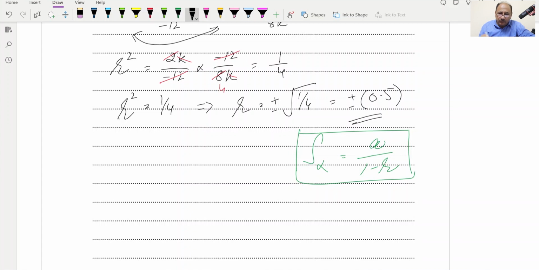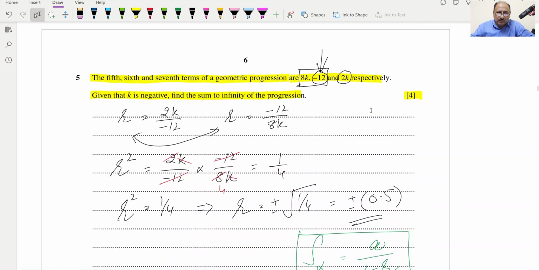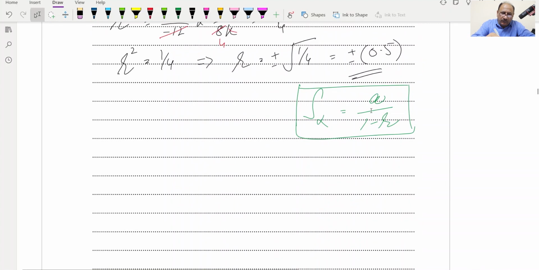Now what we can do is figure it out from the sixth term. They have indicated the sixth term is minus 12. So from the terms we can write first term, second term, third term, fourth term, fifth term and sixth term.